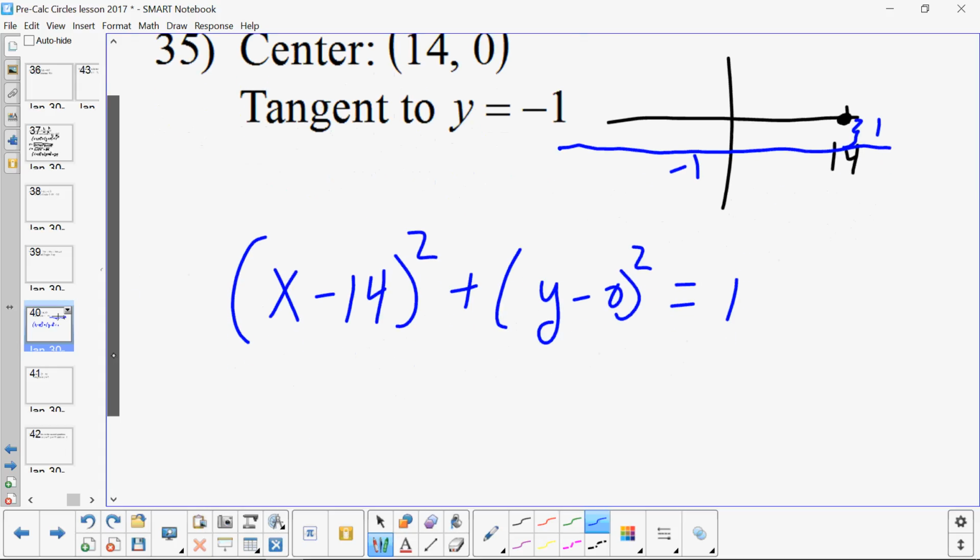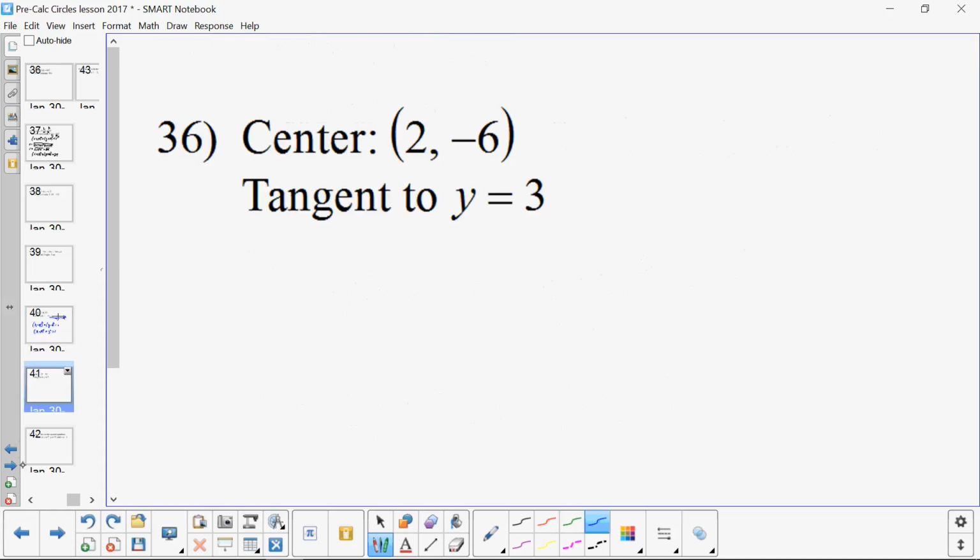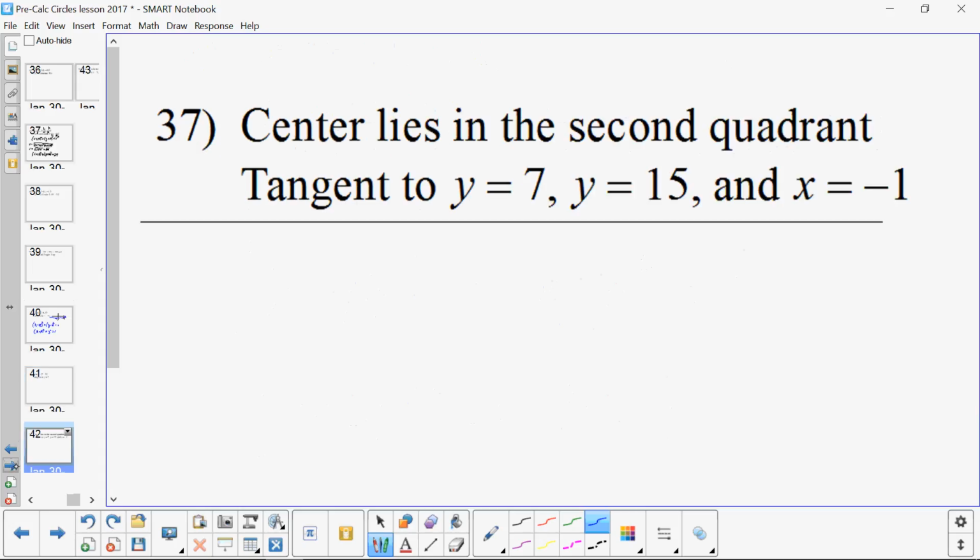Now you also could write this as x minus 14 squared plus y squared equals 1, because the 0 does not change the y value. So either one would be acceptable. 36, similar idea.